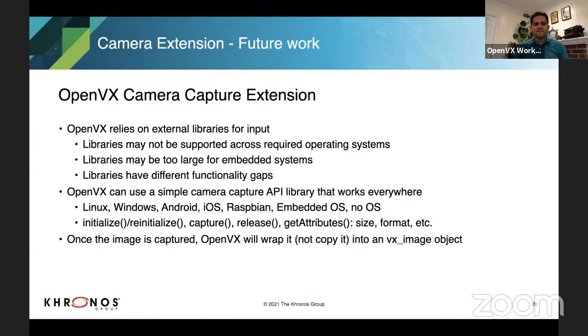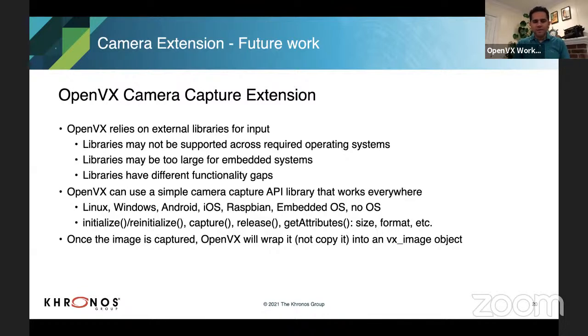And this always has some limitation because these libraries could be too large for embedded systems, or libraries have different functionality gaps. So if you're using one camera API on, let's say, a Linux platform, and you want your application running on Windows, those camera APIs might not be supported on Windows. So basically, then you have to port your entire application for Windows.